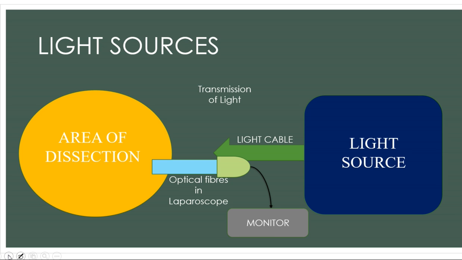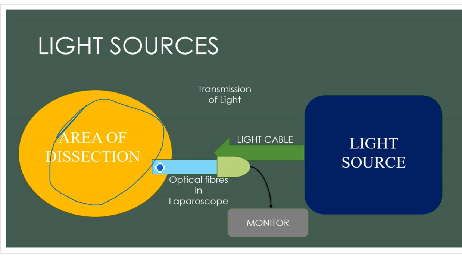Before discussing the light sources, here is the same diagram that we just saw in the previous video. This is the area of dissection, meaning the operating site inside the patient.